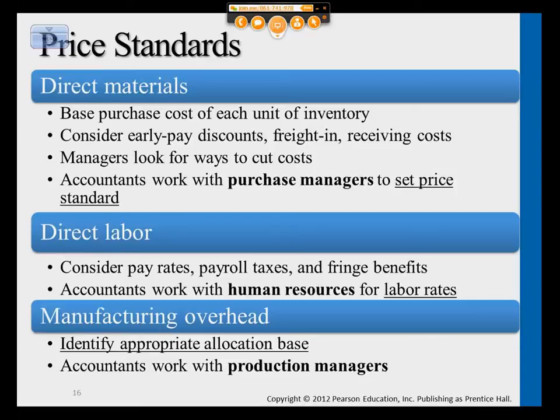Accountants are going to work with production managers to estimate our manufacturing overhead costs, and then production managers will identify the appropriate allocation base. That could be your direct labor hours, direct labor costs, and such. Okay, so that's just setting in a little bit of theory before we start calculating all of it.